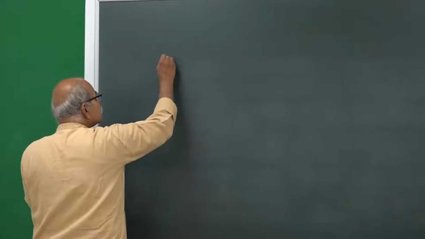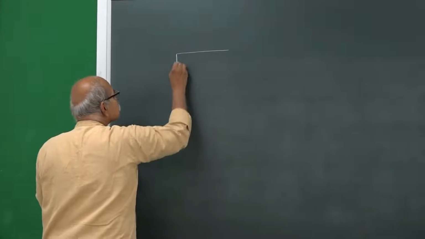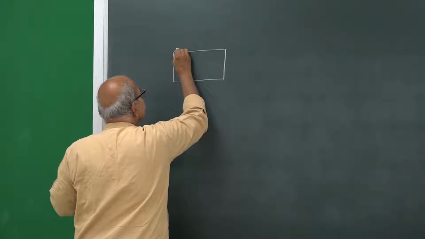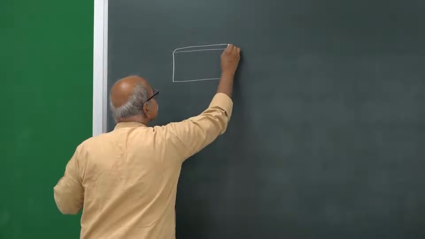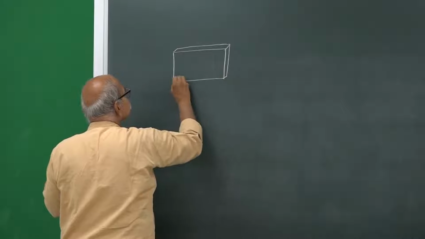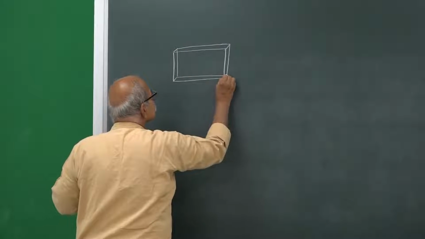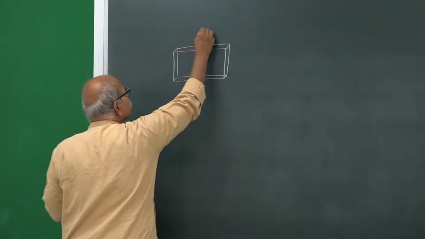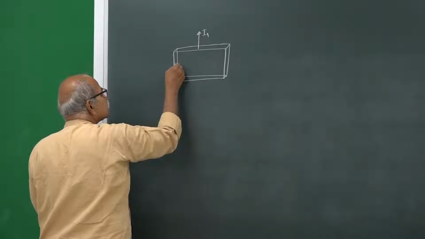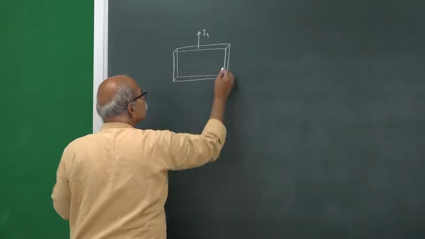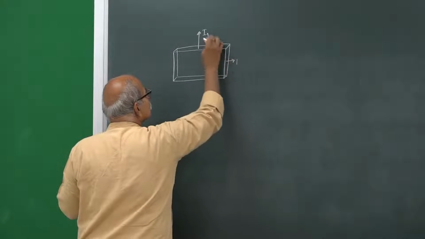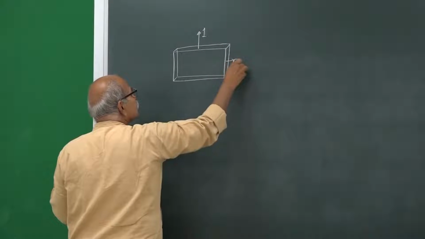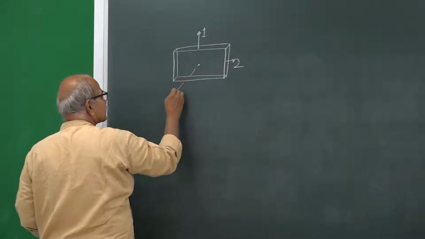So, I have this plate, and then there is some thickness, and the three axes are, one is here, call it E1, one is here, call it E2, and then perpendicular is the three axis.